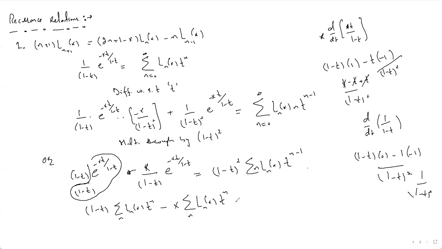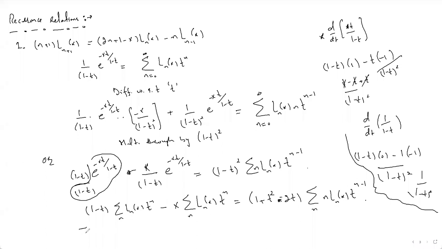Fine. Okay, here I will write down this as 1 plus t square minus 2t into summation over n running from 0 to infinity n ln of x t raised to power n minus 1. I hope you are getting all these things. Okay, see, we have two different terms here.